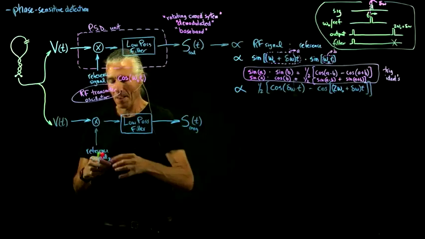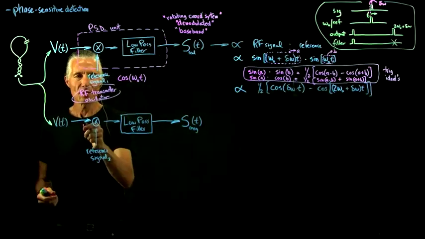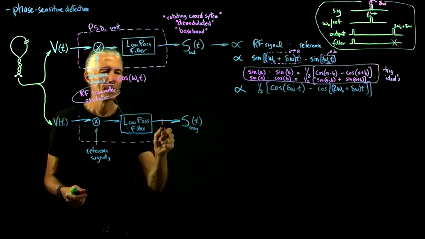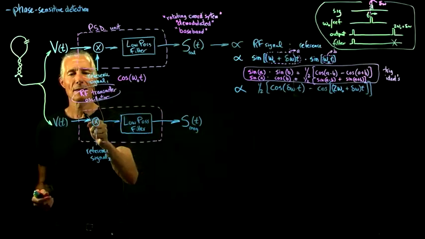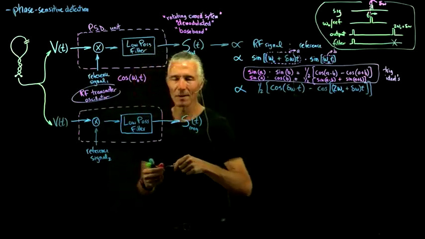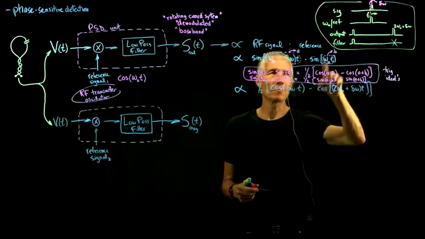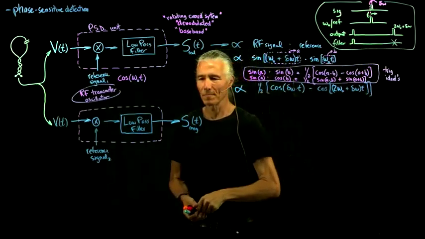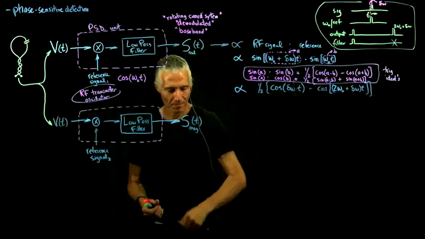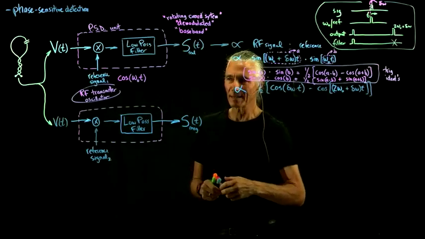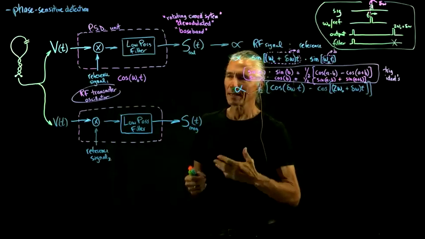So basically we just do exactly the same thing, multiply it by another sinusoid, filter out the 2 times frequency component, and we just end up with the low frequency component.